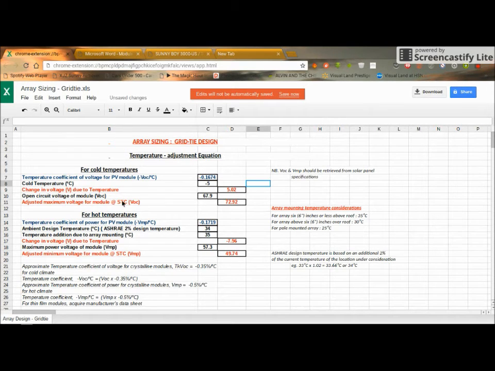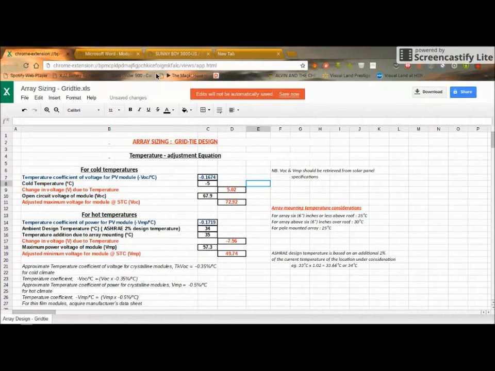So we know the adjusted maximum voltage for cold temperature, 72.92. We know the adjusted minimum voltage for hot temperature, 49.74. Now this takes us to our inverter.